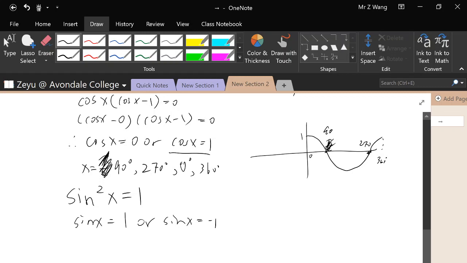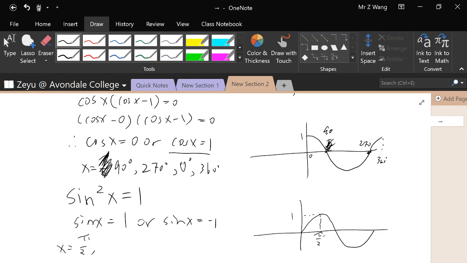This is a special value. When does sine x equal to 1? When it's half pi, right? So x equals half pi. And it has another solution. Does it have another solution? It is 180 minus half pi.